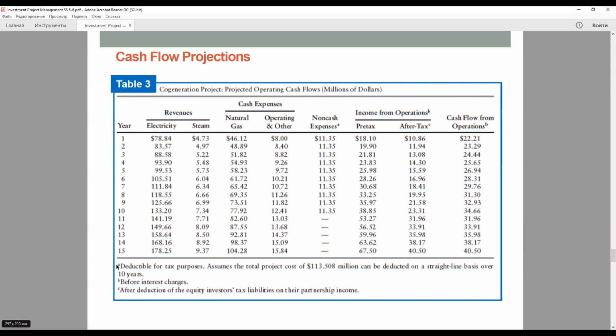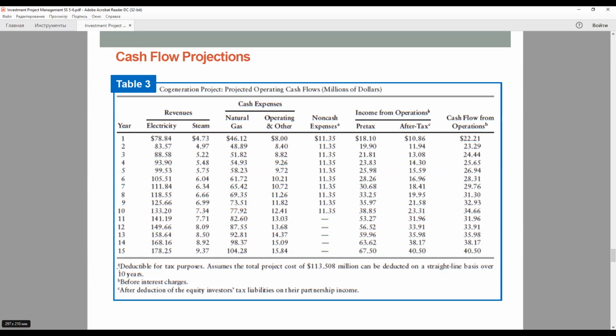A project's initial capitalization table shows the financial condition of the project. The cash flow projections will indicate how profitable the project is expected to be, how much cash flow it is expected to generate, and how the cash flow will be allocated among the various providers of capital.